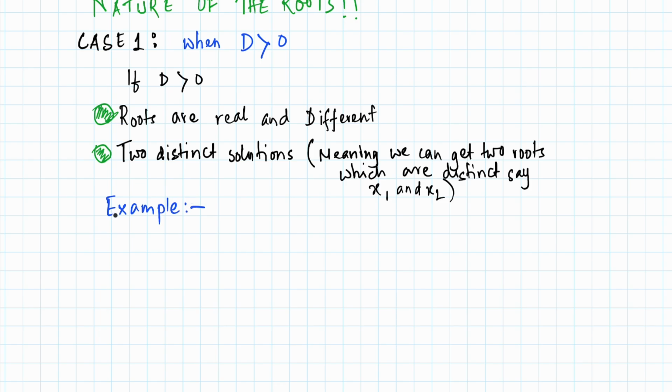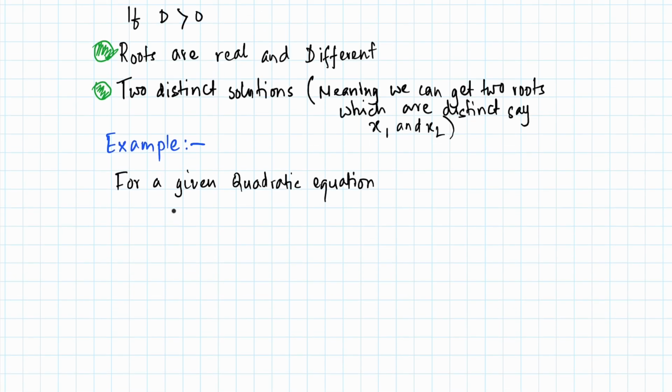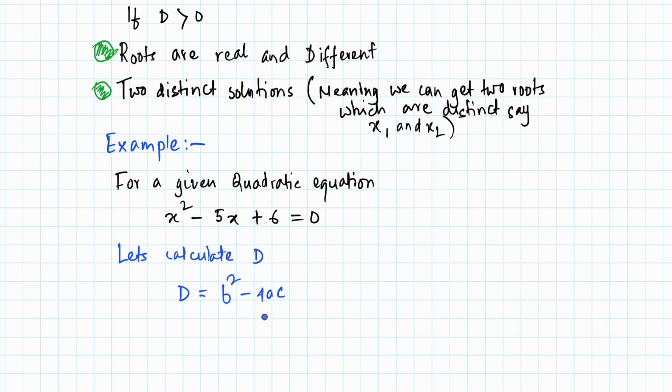Now let us take an example. For a given quadratic equation, say x square minus 5x plus 6 equal to 0. Let's calculate D first, the discriminant, which is equal to b square minus 4ac.